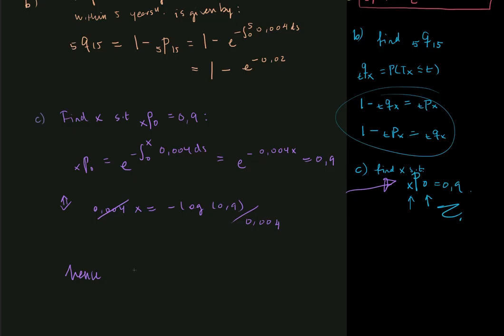so hence 90% of all newborns live past age, well, I should really calculate this.